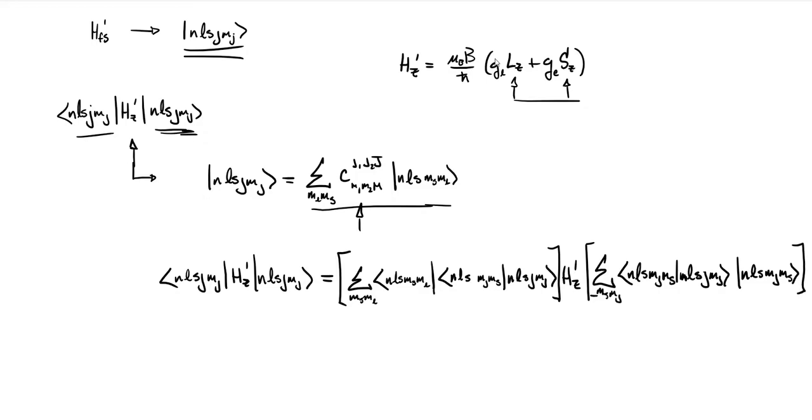So again, all we've done here is change bases of this Hamiltonian, because we know these uncoupled states are eigenvectors for these operators. We're converting these coupled states into the uncoupled bases by using these Clebsch-Gordan coefficients, and we're doing that on both sides.